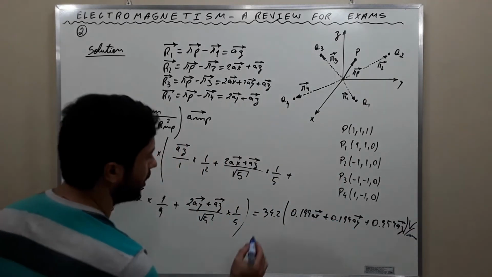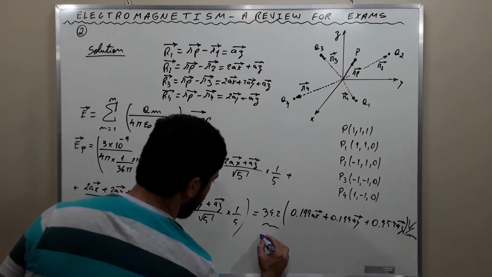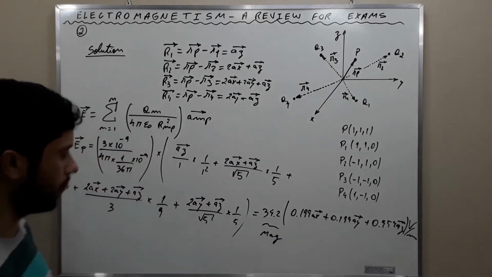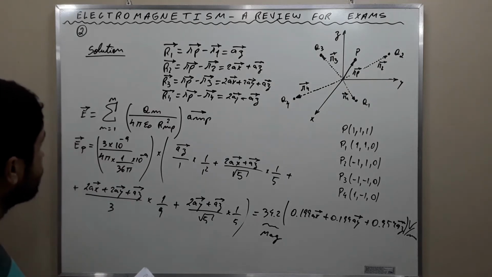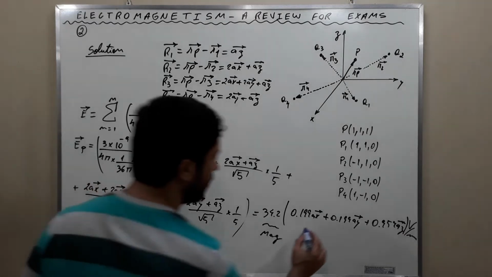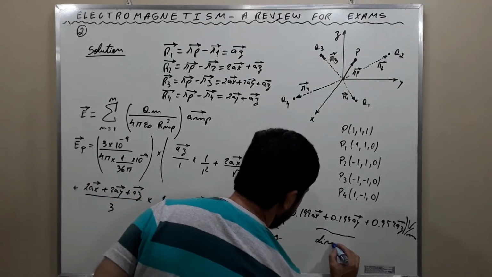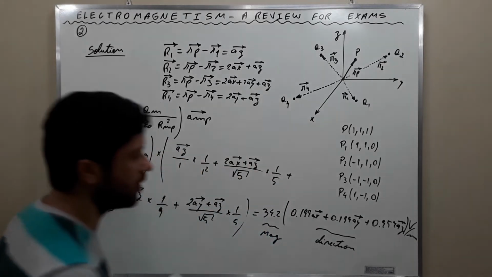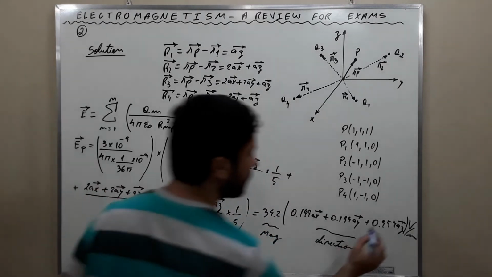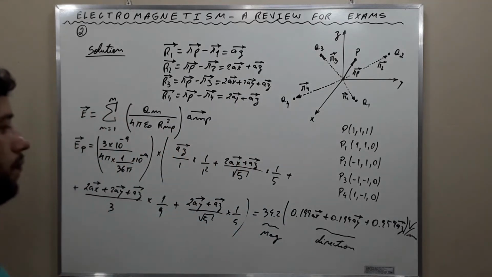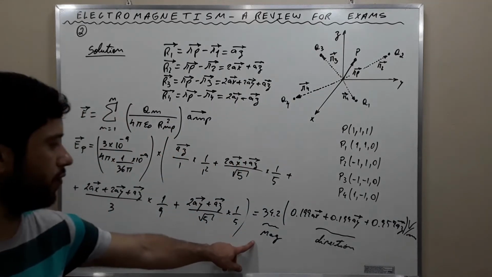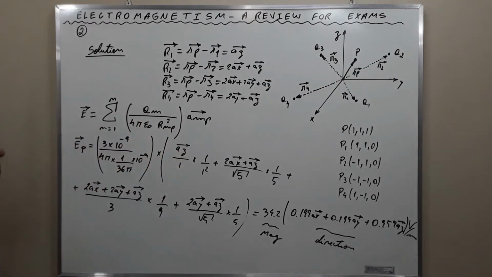This is the magnitude of the field, as the exercise required, and this is the direction of the field. The exercise wanted us to calculate the magnitude and the direction of the field. Okay, my friends? This is all for exercise 2.